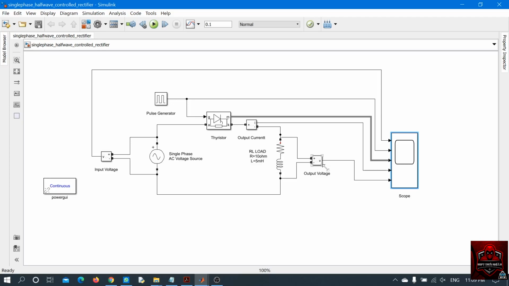This is the voltage measurement block to measure our output side voltage, and another voltage measurement block to measure our input side voltage. Here is the pulse generator to give the gate pulse to our thyristor circuit, and the scope to view our output waveforms.